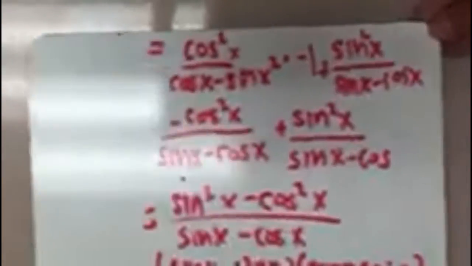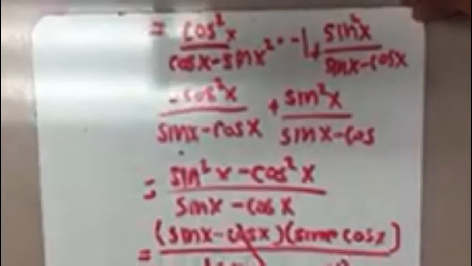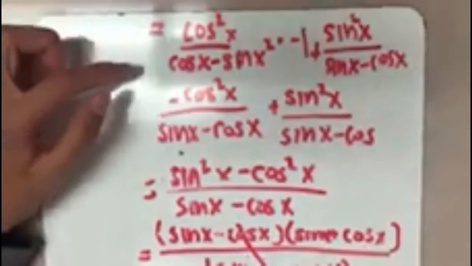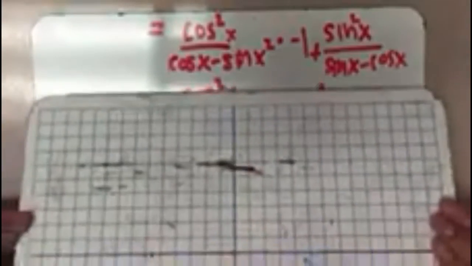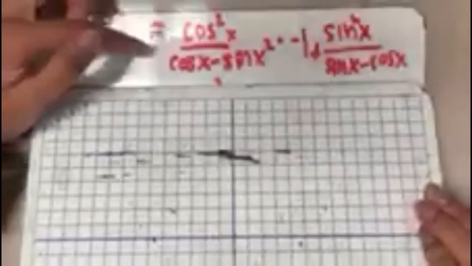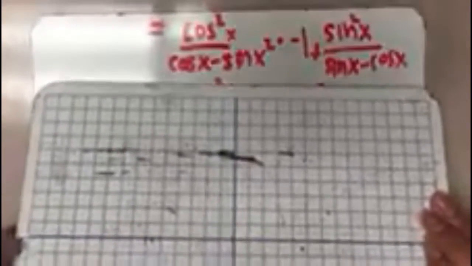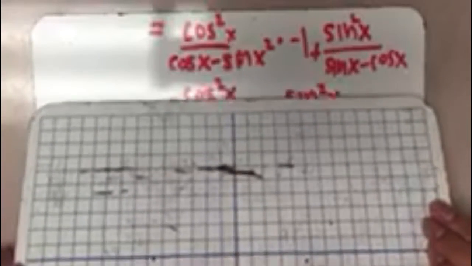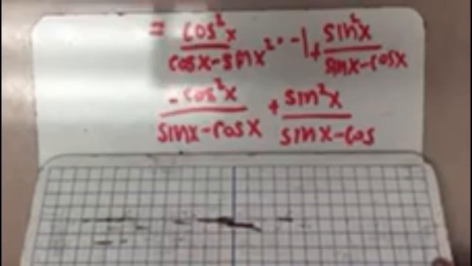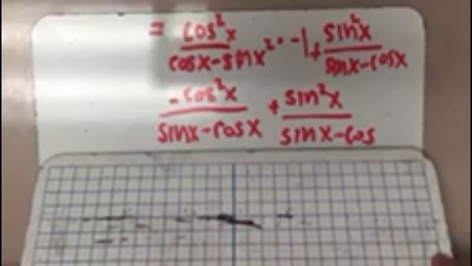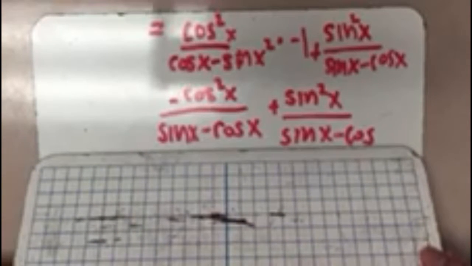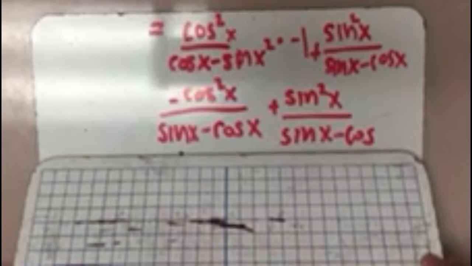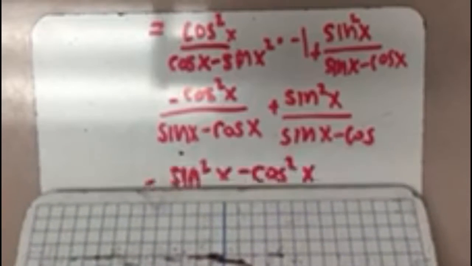And then the next step would be to make the denominators the same. So you multiply this first term by -1 to make the denominator equal to the second term. So that would get negative cosine squared x over sine x minus cosine x plus sine squared x over sine x minus cosine x.